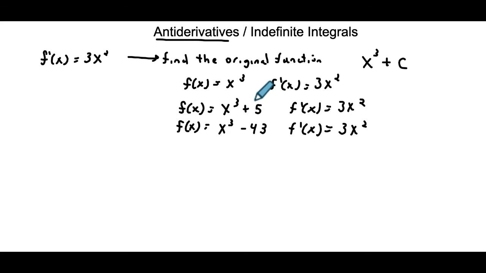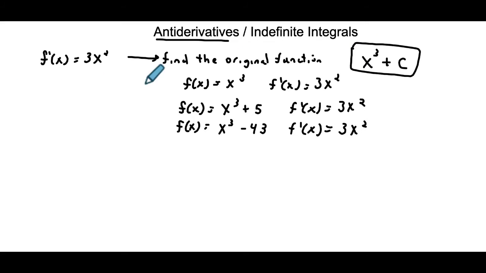And we just let c equal some constant, 0, 5, negative 43, negative 22, pi, 1,500, whatever those numbers happen to be, just some number that could have been added that when we took the derivative of that, it became 0. So this is the actual antiderivative of my original example.